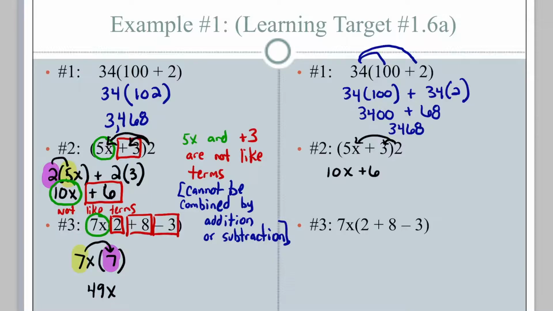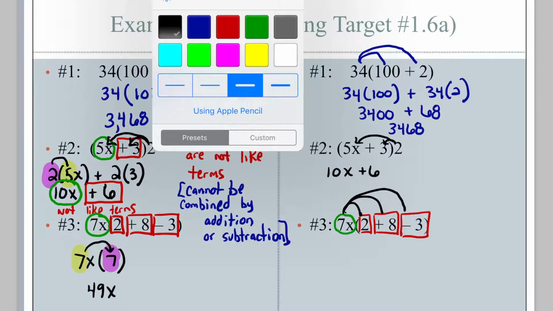Looking at the part 3 on the right, once again, I could use the same methodology of highlighting my terms. I've got 3 like terms, but this time, instead of combining my like terms, I'm going to distribute the 7x. And once again, when I distribute a term with a coefficient, I'm just going to multiply the coefficient by the constant.